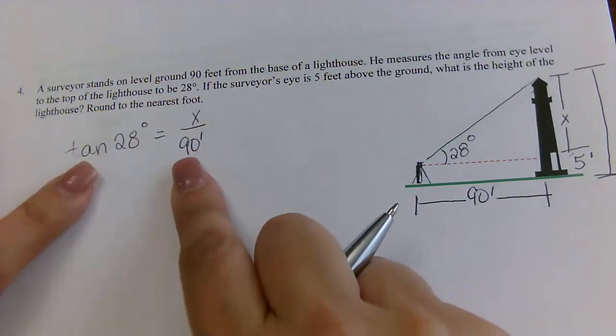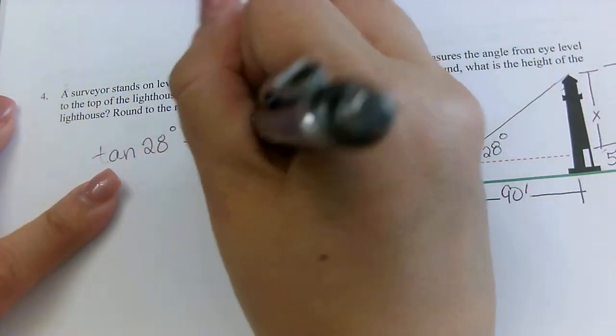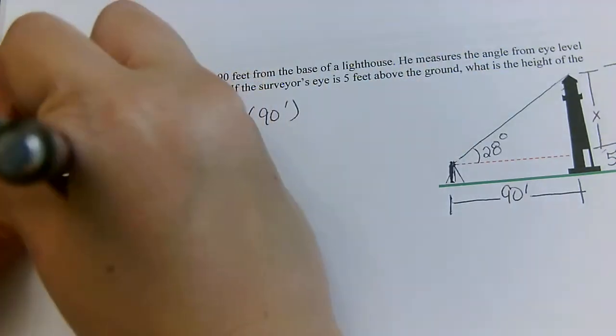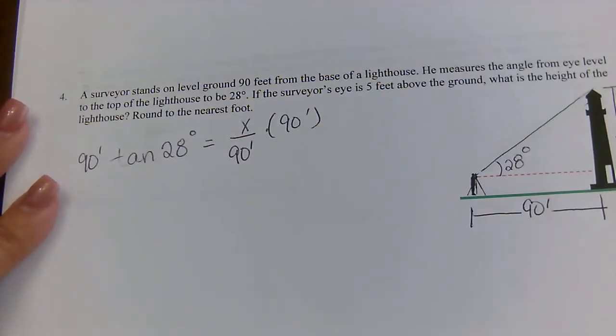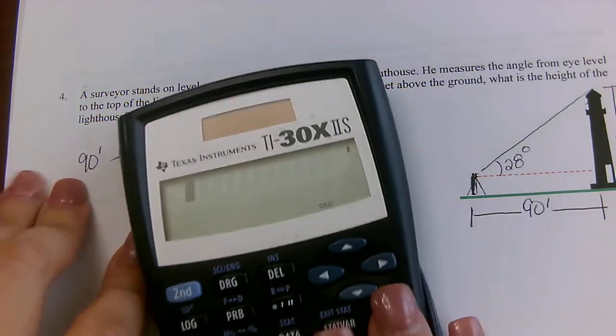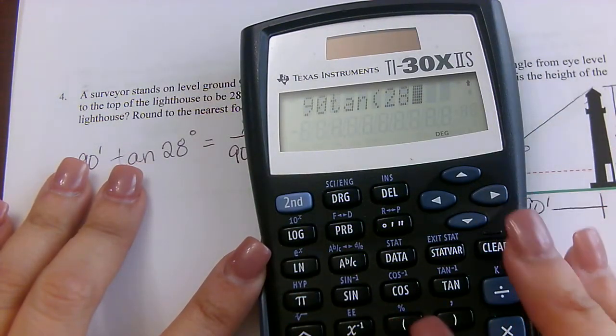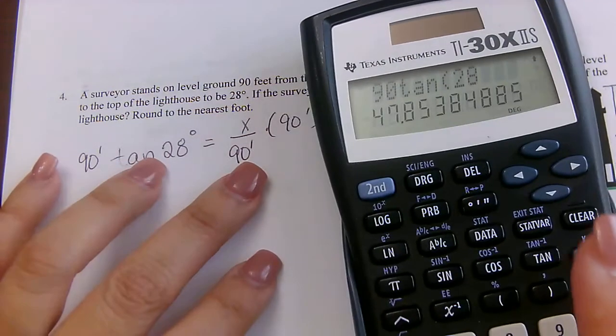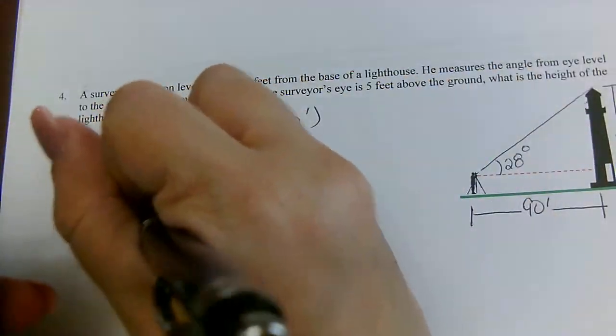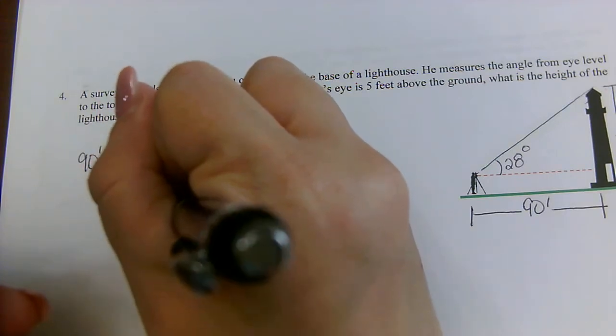Again, we're going to multiply by 90 on both sides so we can isolate that x. Use the calculator, 90 tangent 28 degrees.